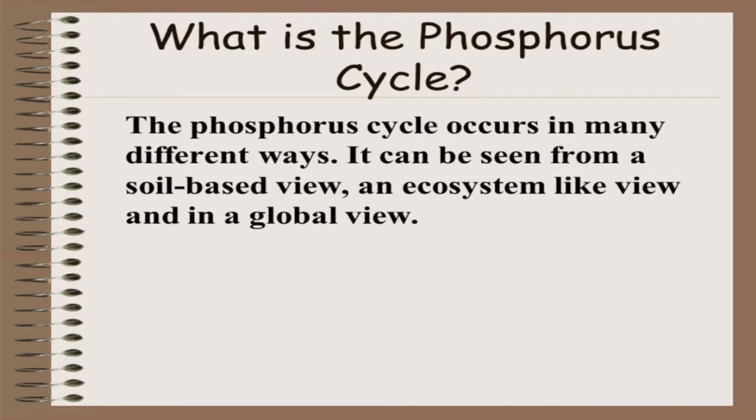What is the phosphorus cycle? The phosphorus cycle occurs in many different ways. It can be seen from a soil based view, an ecosystem view, and a global view.